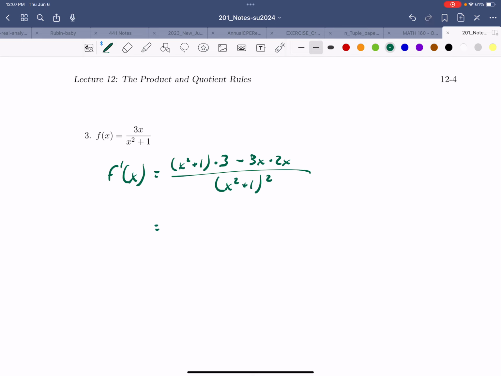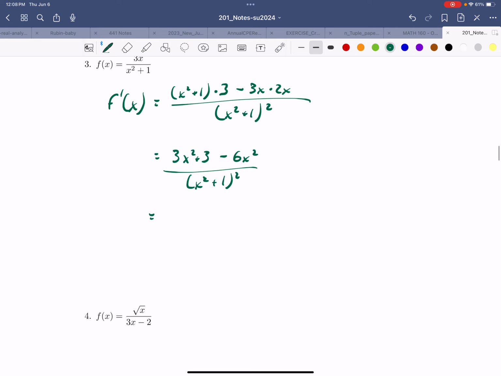So anyway, we can simplify this somewhat. Multiply the 3 by the x squared plus 1, becomes 3x squared plus 3 minus 6x squared, and we get this x squared plus 1 squared term on the bottom, of course. Simplify that a little bit more. Those will become negative 3x squared plus 3, over x squared plus 1 squared.